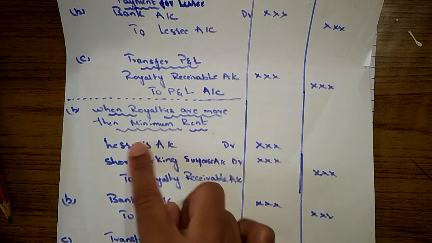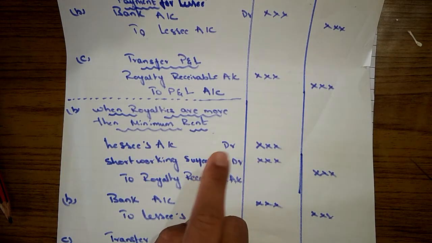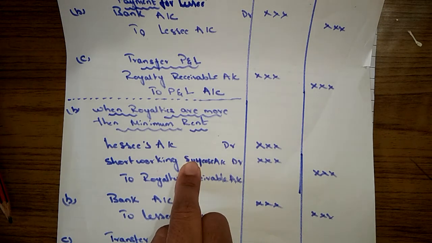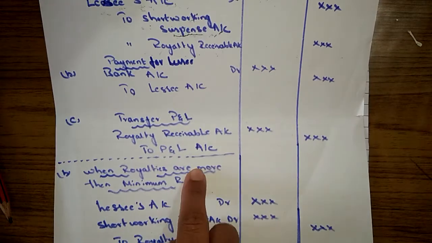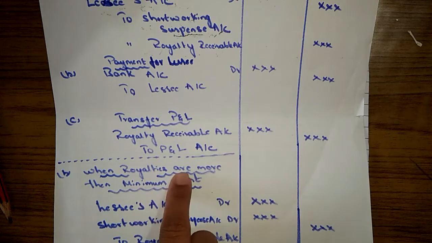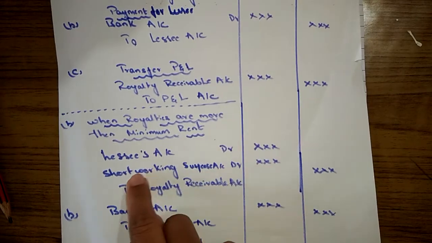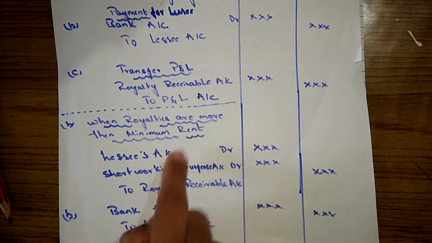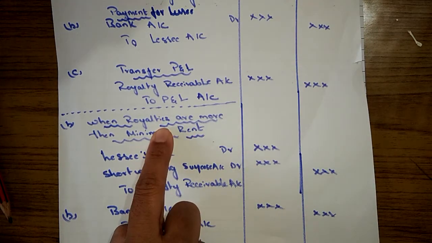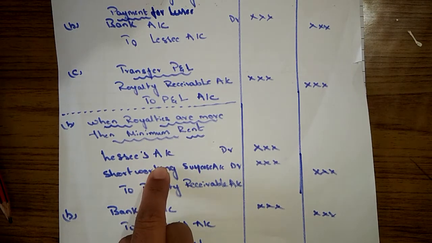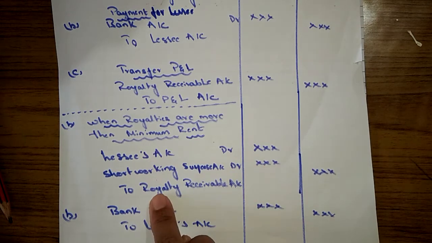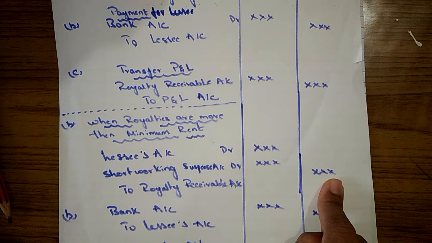Here we are debiting short working suspense account because we adjusted our previous short working when there is an excess amount, when there is a surplus amount. This condition is called surplus. So that's the reason we are adjusting our previous short working when there is a surplus. So this is the adjusted amount, short working suspense account debit to royalties receivable account.